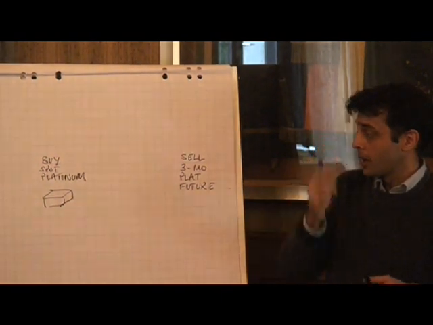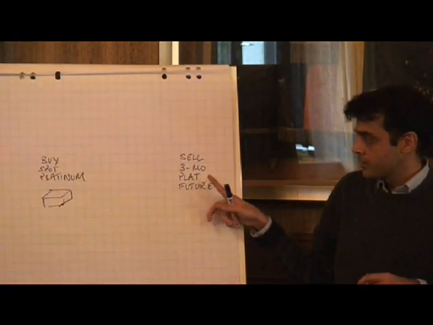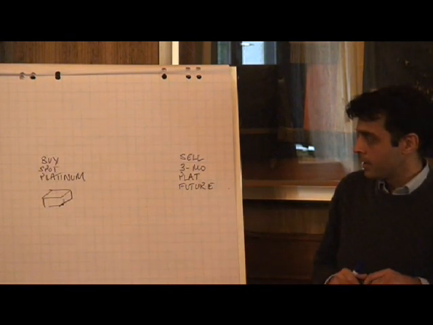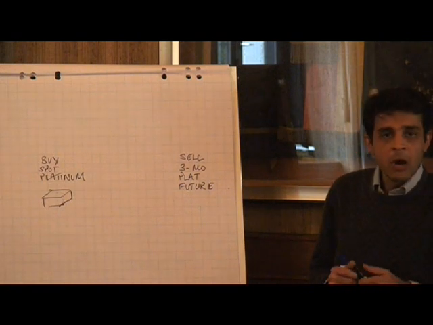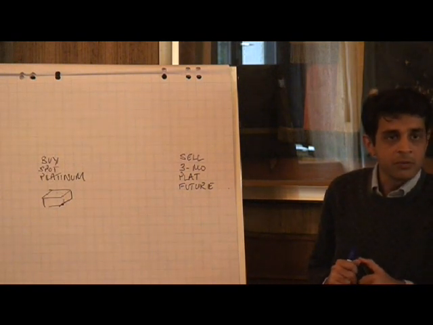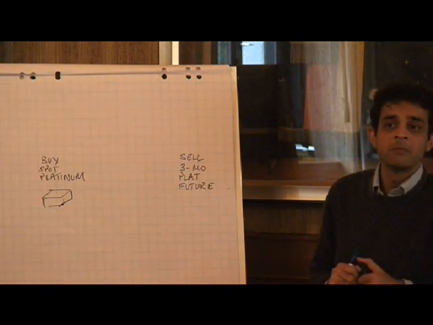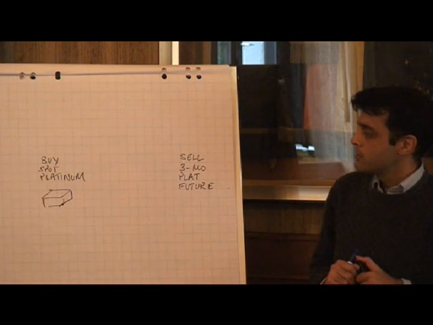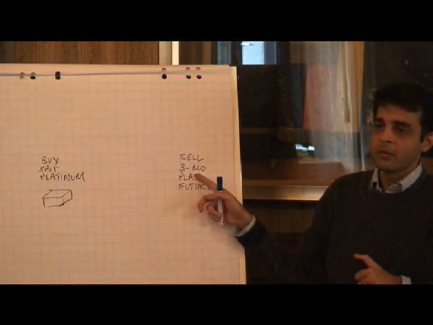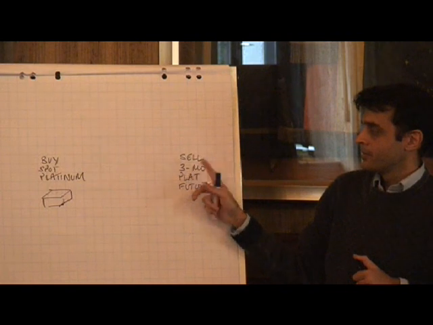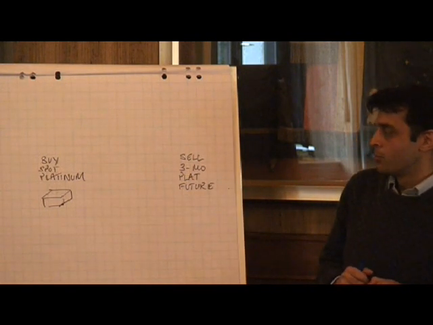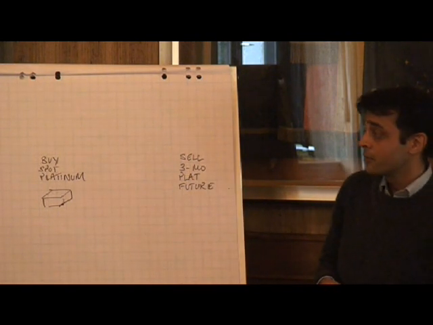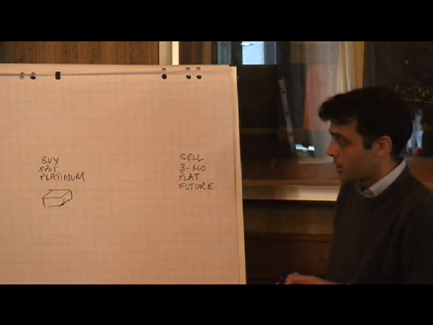And he thinks, okay, well, I only need to deliver it then. I could actually lend it out. I can lend my platinum out in the interim and earn an extra income. I'm going to lend it out for as close as I can get to that date. So let's say 2.9 months. So he lends platinum out for 2.9 months.